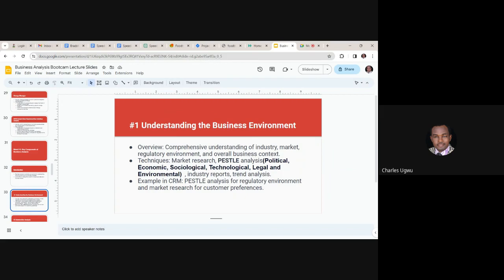If we are looking at the economic environment, after COVID-19, everybody can see there has been a steady high inflation. This is the economic environment. How is it affecting customer preference? So many customers' preferences or tastes have changed because of the high increase in the price of things.